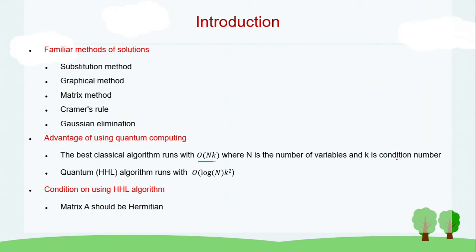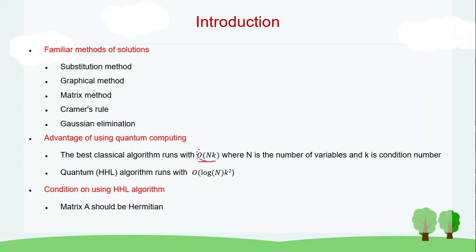So what is the condition number? You can Google it, but generally it will be much lower compared to the size of the matrix or the number of unknowns. Whereas the quantum algorithm runs with O of log n times k squared. In fact, they depend on a couple of more variables like sparsity and the error we are looking for, but for simplicity, I used only these two variables.